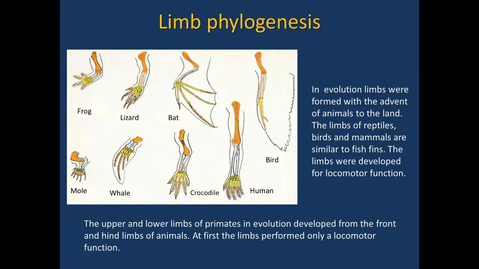In animals, as you see here, the skeleton of upper and lower limbs is similar. They have the same parts, since the original function of both limbs was the same, and it was locomotion.